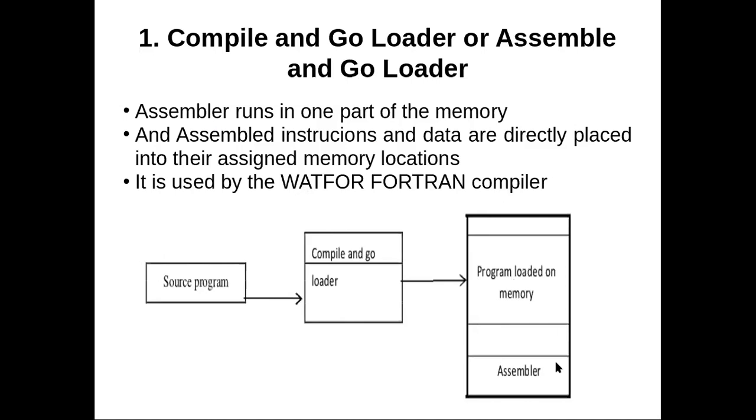The loader will load the assembler program, and the output of the assembler will be loaded into the memory. Once the assembled instructions are loaded into the main memory, the compile and go loader will initiate the execution by transferring control to the first instruction of the loaded program, so that we can start the execution.